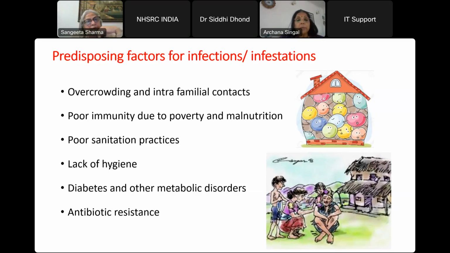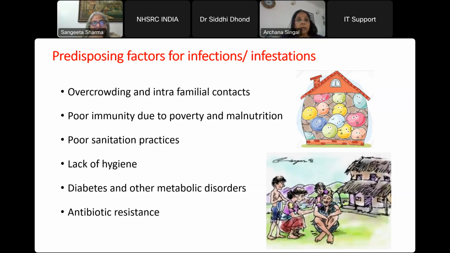Poor sanitary practices, so you don't wash your hands properly, and a number of bacteria get lodged on the hand, and then they get on other areas of the body. Lack of hygiene, not taking a bath for 2 to 3 days or up to 5 to 7 days, is a very common practice in most of the patients from the economically compromised strata of the society we cater to.